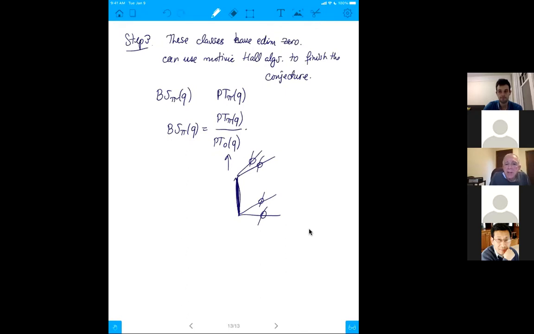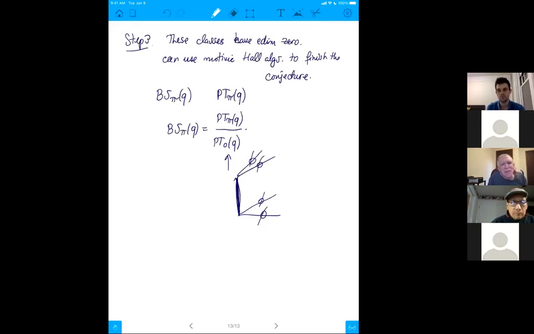Questions, please? So then basically you do not avoid the wall crossing, in the sense that you simply work at the level of fixed sheaves.